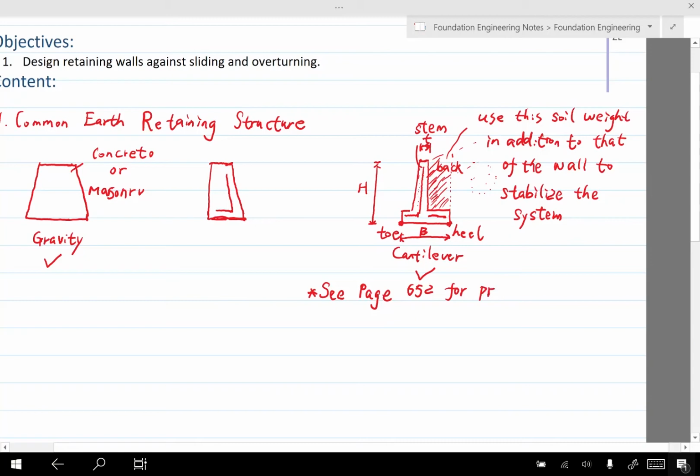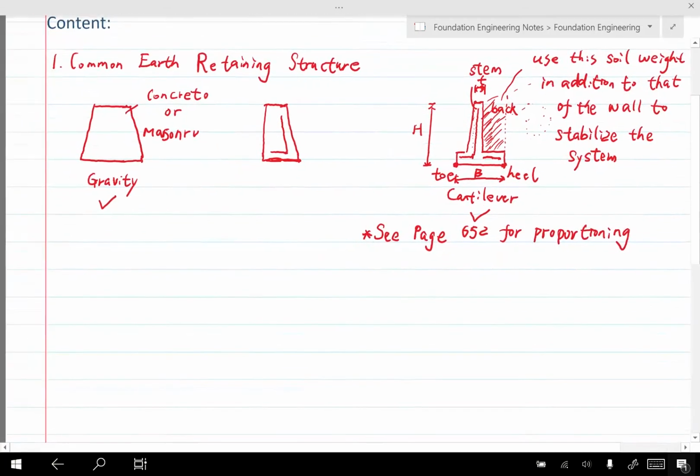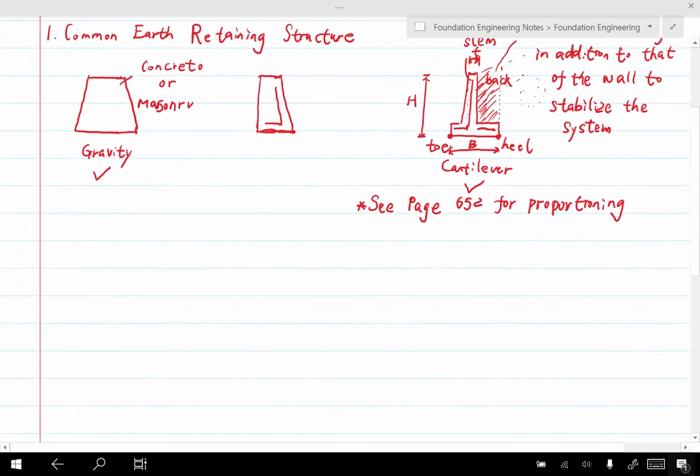That is for proportioning. So these are the types of retaining walls that you need to know about. Then let's take a look at the stability of retaining walls.